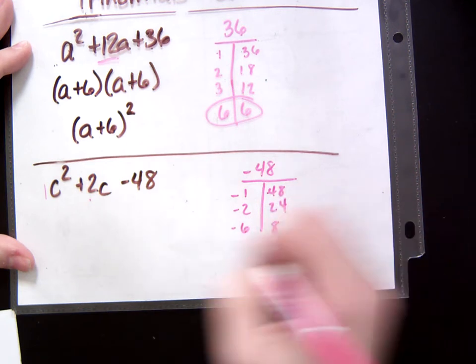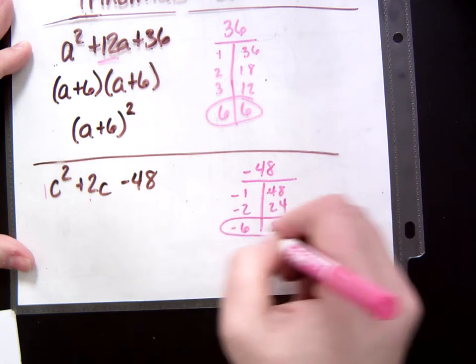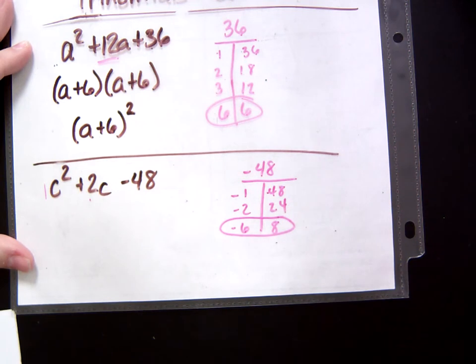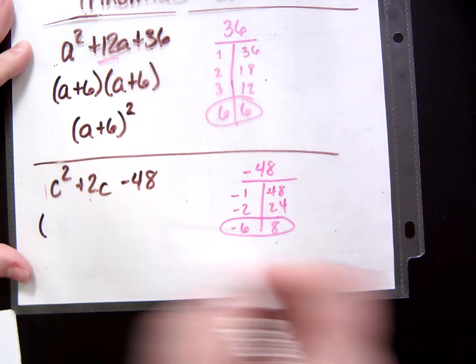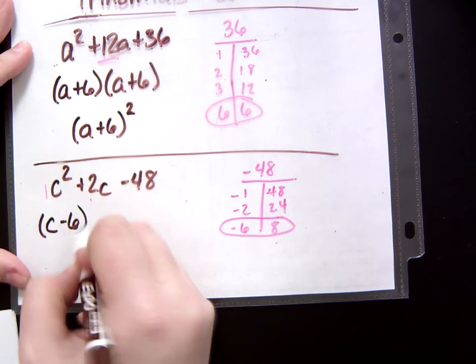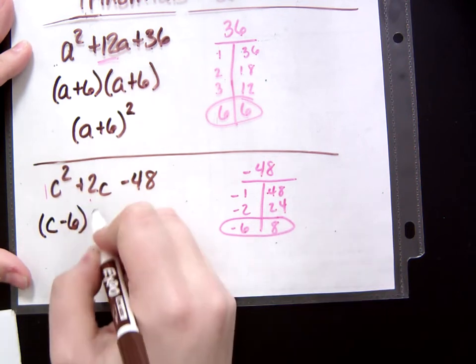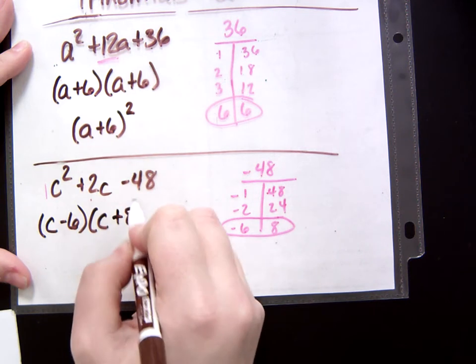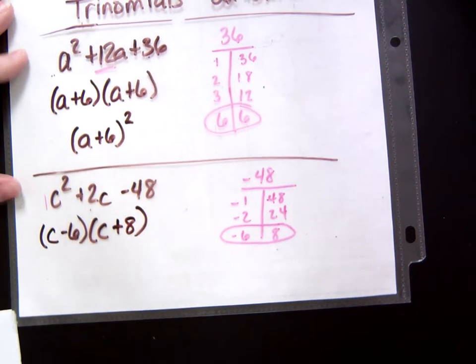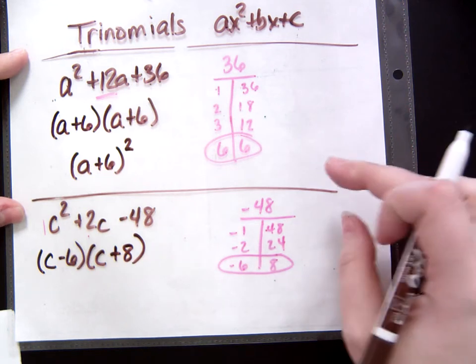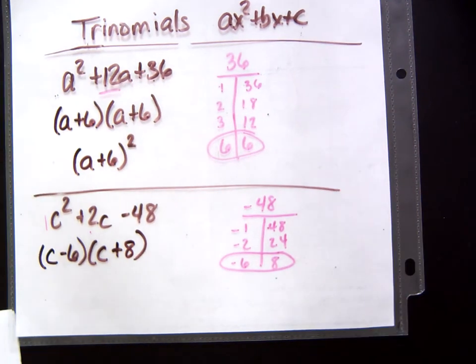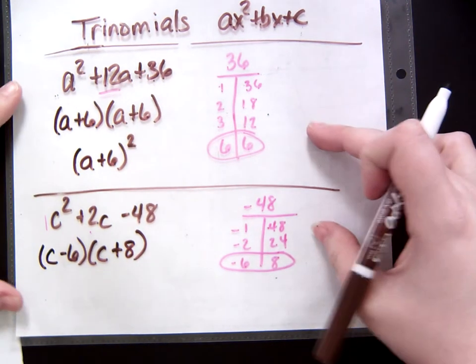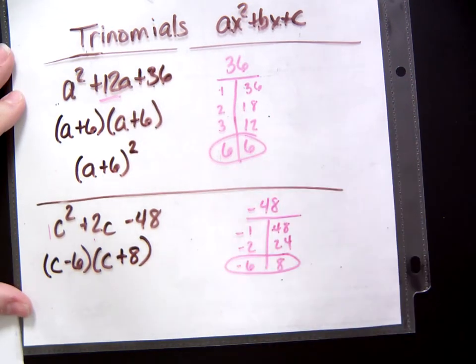Now there's more factors I haven't done, but these are the ones that you're looking for. So my factors are going to be c minus 6, because we have a negative 6 here, and c plus 8. Now I'm going to come back to these a little later and show you how to use that to solve.